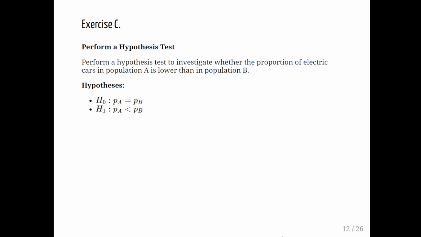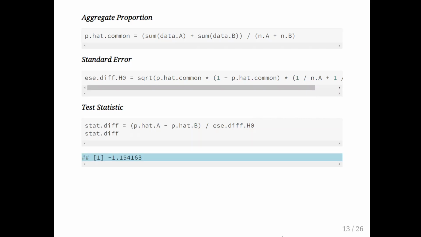You can even put a little sentence in there if you want. PA is equal to PB, which is to say no difference, and PA is less than PB, which is to say the proportion of population A is lower. So, same approach, although accounting for the fact that the standard error formula is different in this case.